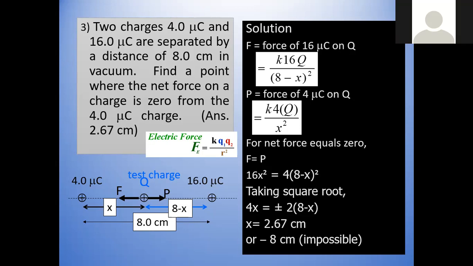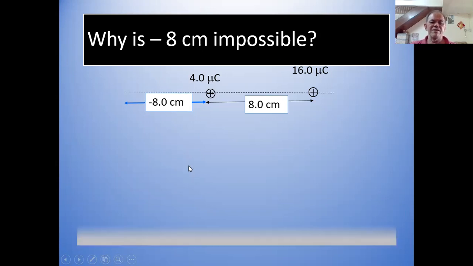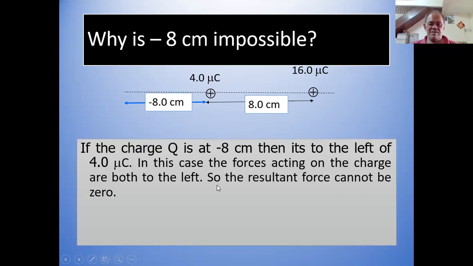Why can it not be minus 8? Remember, when we take that as our reference, x to the right is positive, and to the left is minus x. So minus 8 is to the left. We look at the 4 and 16, and if you put your test charge there, what's going to happen between the 4 and the test charge? There's a repulsive force.